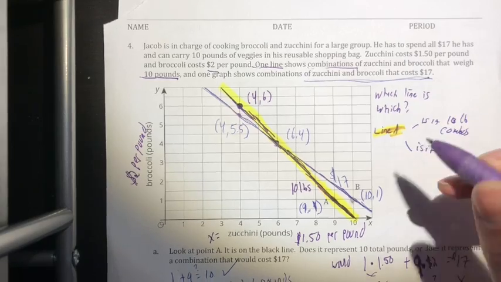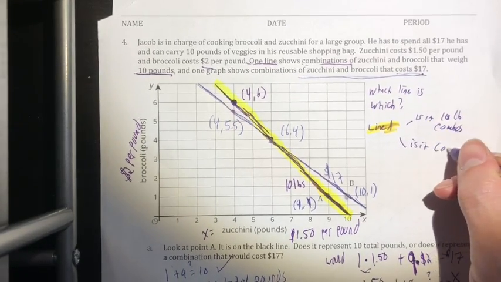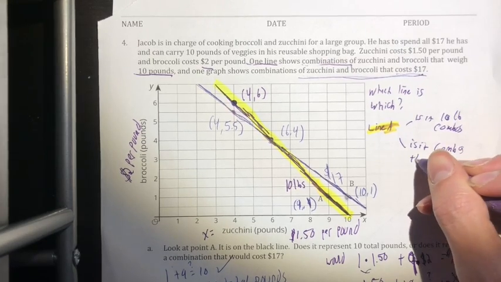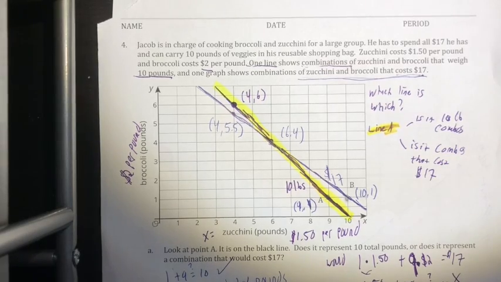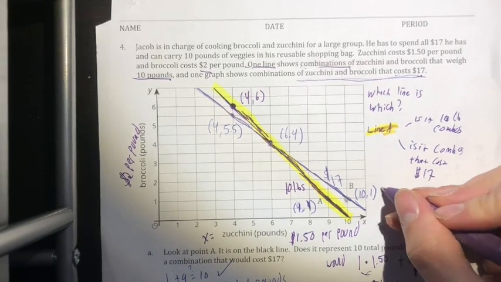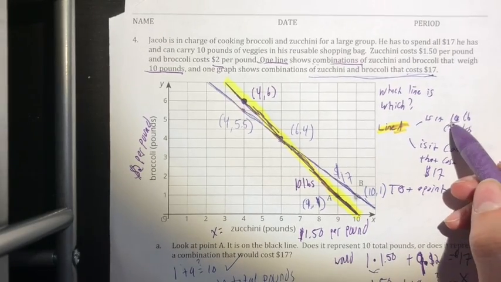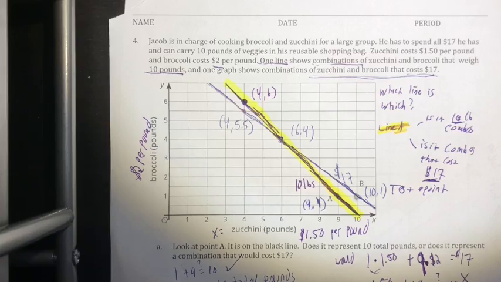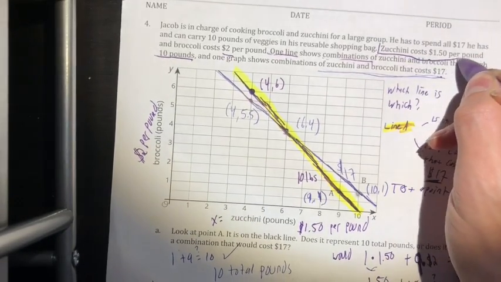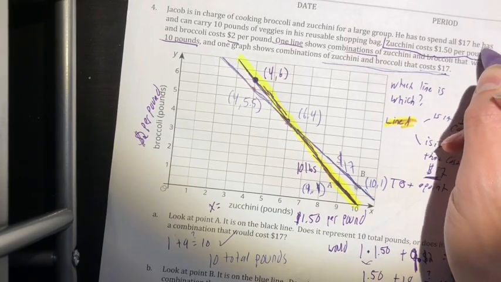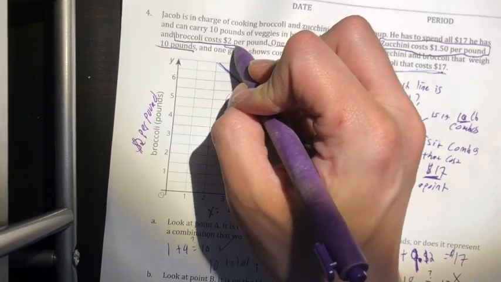Or is it combinations that cost $17? And we figured that out by testing points. We have to test a point and see if it represents 10 total pounds or if it represents $17. All right, and just a reminder that zucchini costs $1.50 per pound, and broccoli costs $2 per pound.